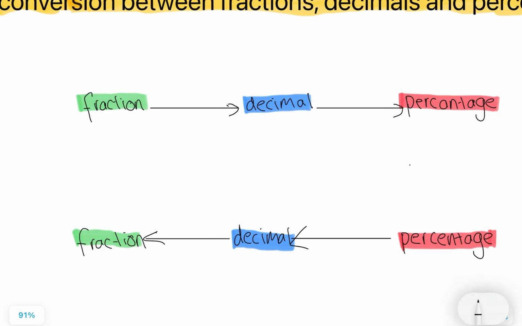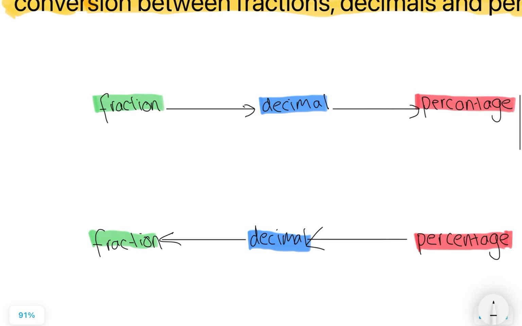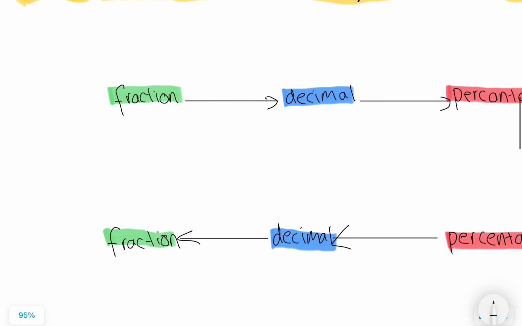So, first up, we have converting fractions to a decimal. In order to do this, all you have to do is just divide. If you're a bit unsure, I'll explain this to you. What you have to do is divide the numerator by the denominator. So say we had 7 over 20. You'd have to divide the 7 by the 20.